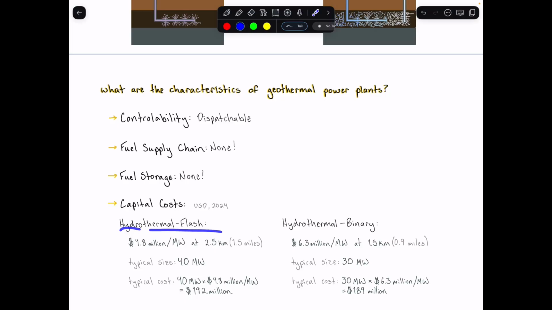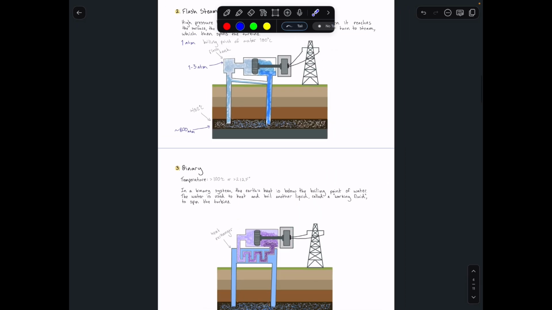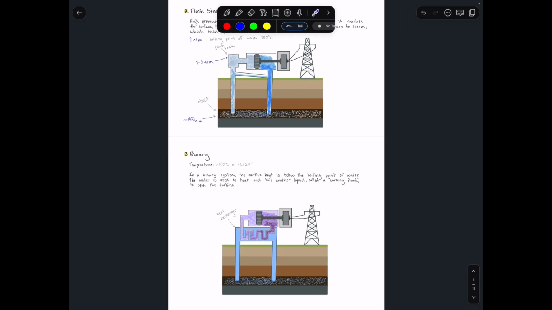Now, hydrothermal power plants are typically the size of about 40 megawatts, so this means that the total cost for a system is about $192 million to build out one of these power plants. And then on the other hand, a hydrothermal binary system, when drilling about 1.5 kilometers down, costs about $6.3 million per megawatt. This is because if we go back to these diagrams here and compare these two systems, binary systems are a little bit more complicated than flash steam systems.